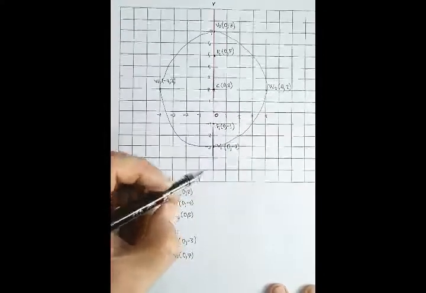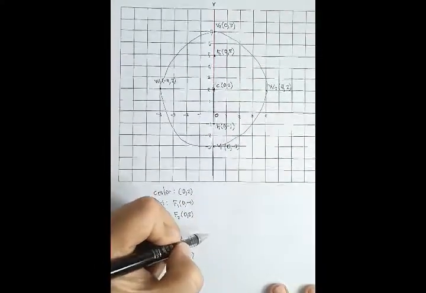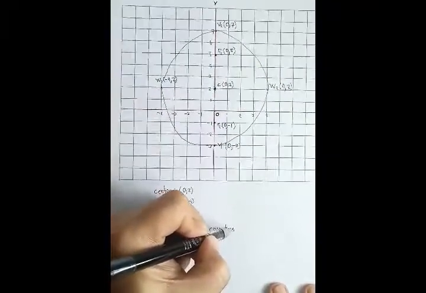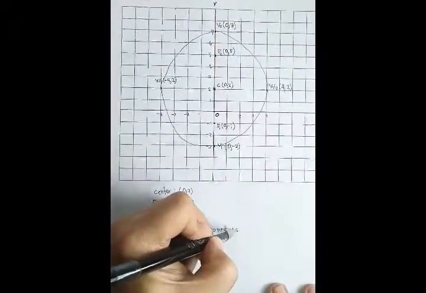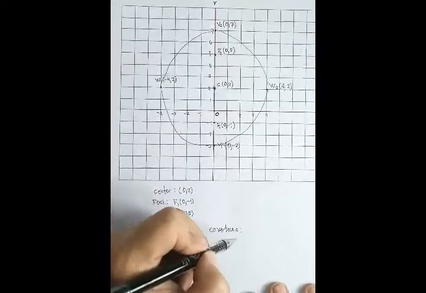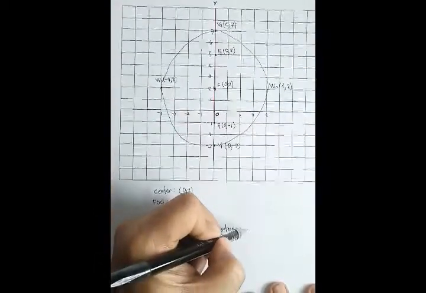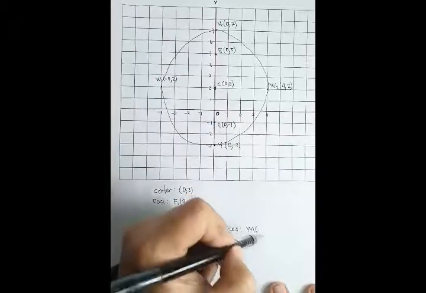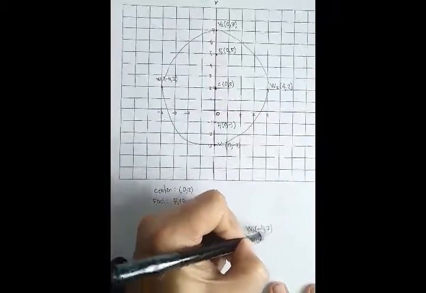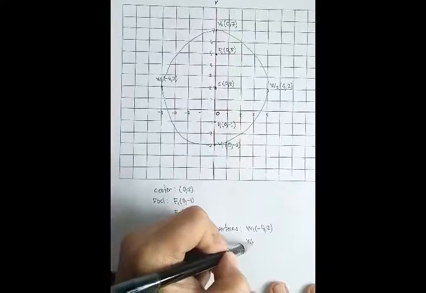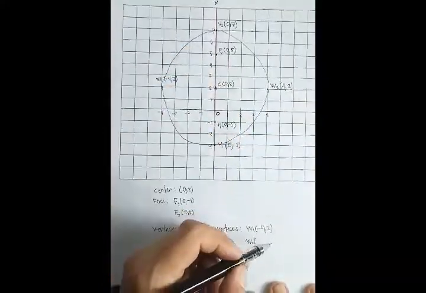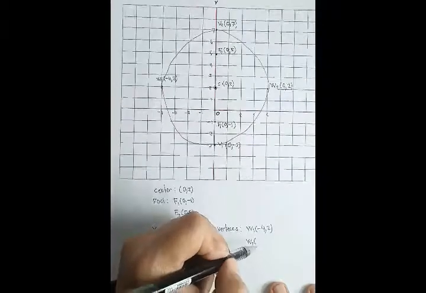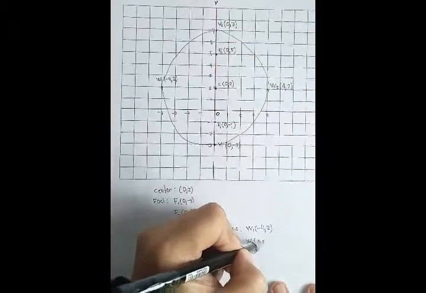And then the co-vertices. For the co-vertices, W1: the location of W1 is at -4, 2. And then W2 is at 4 and 2.